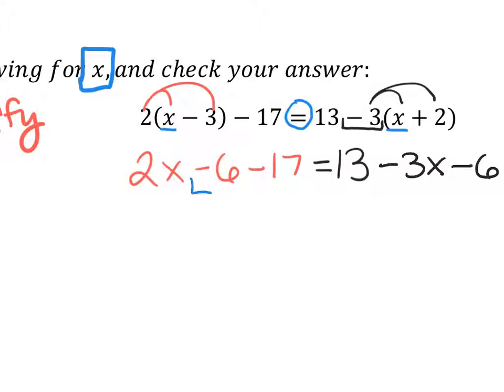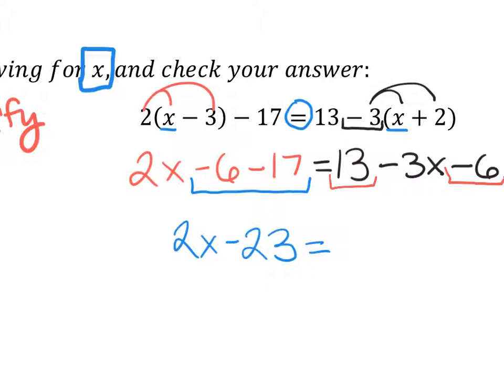On the left we have the negative 6 and the negative 17, so we can have 2x minus 23 equals, and on the right-hand side we have a 13 and a minus 6, because again the sign goes attached to what comes right after. So 13 minus 6 would give us 7 minus 3x.